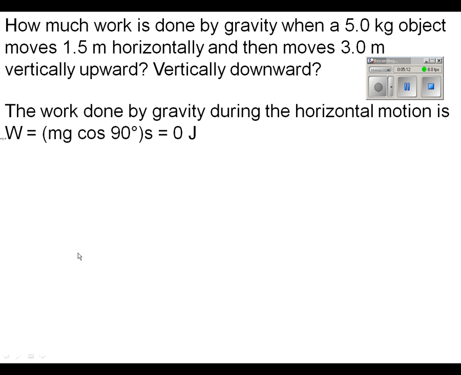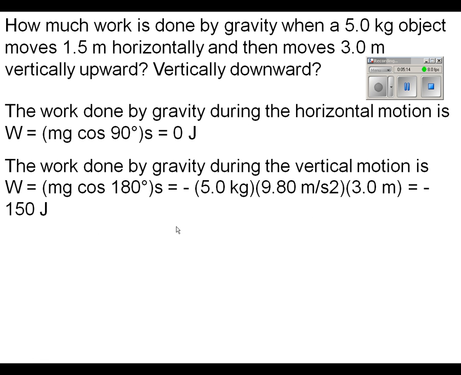Then we move 3 meters vertically upwards, and now you get your force, 5 kilograms times 9.8 meters per second squared gives you the weight, times the distance of 3 meters. And so you end up with negative 150 joules because your force of gravity, which is down, is in the opposite direction of the displacement, which is up.